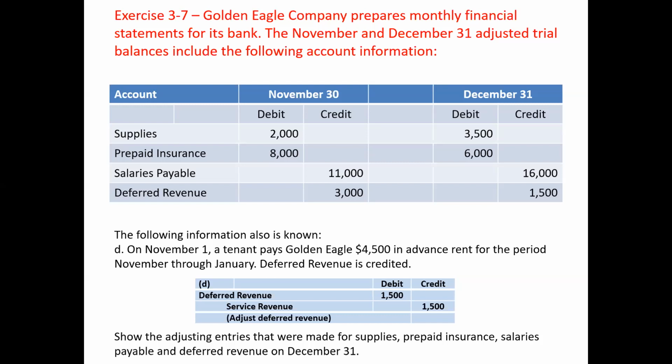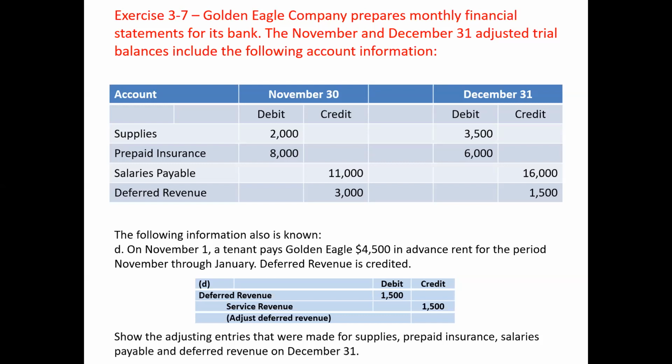At the end of November, they must have shown that as a rent revenue. So they debited deferred rent for $1,500, credited rent revenue for $1,500, because out of that $4,500, a third of it was turned into revenue. It's no longer a liability.